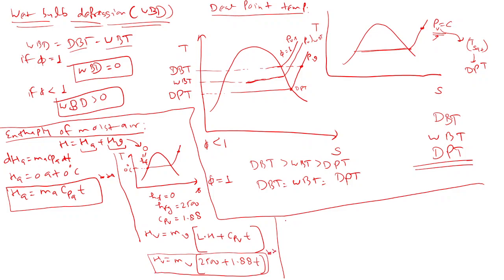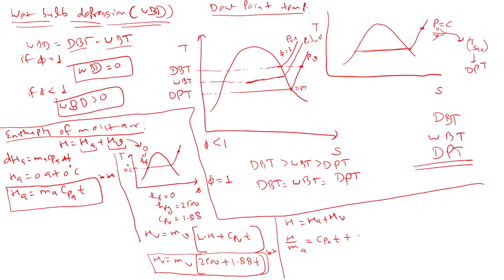So now if we add both of them, H will become HA plus HV. When you add and divide by MA, you will see H by MA will become, here MA will be gone, Cp of air into T plus, for HV it will become MV by MA.